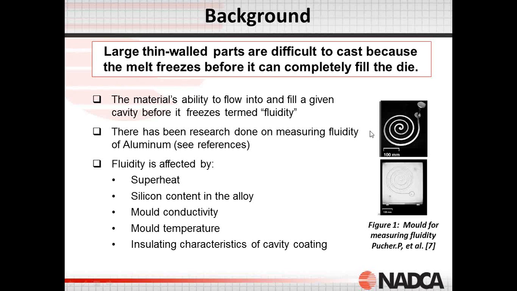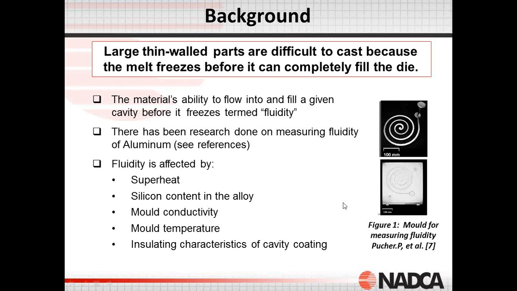And they basically conducted experiments in which they pour molten material into a mold made of ceramics, and you have this very special spiral here. And depending on how far the material travels, its fluidity is determined by the distance. Greater distance traveled, of course, greater fluidity.